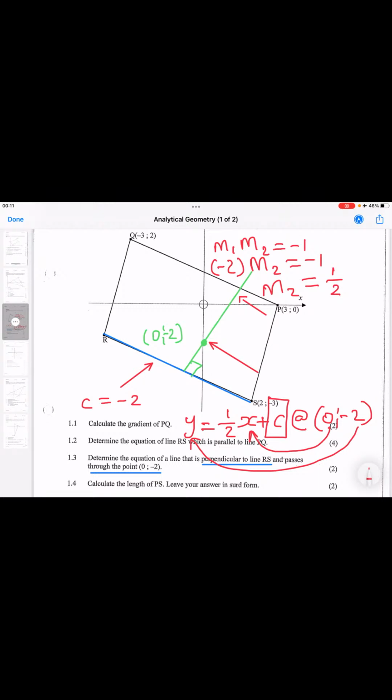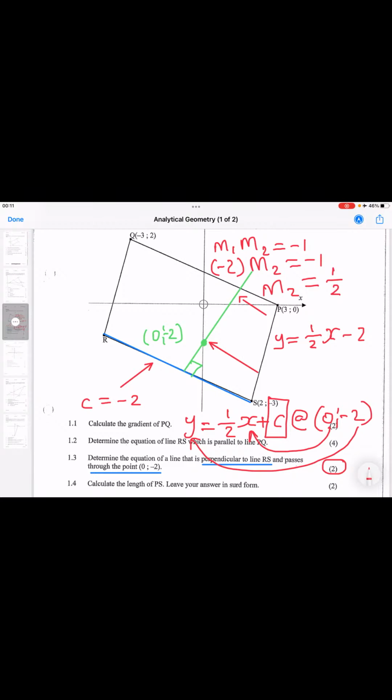Which explains why this question is allocated fewer marks. So even if you do calculate, you will end up with something similar: y equals the gradient that you calculated, with the correct values, and your c value will end up being negative 2.